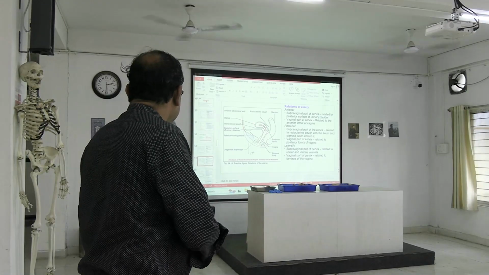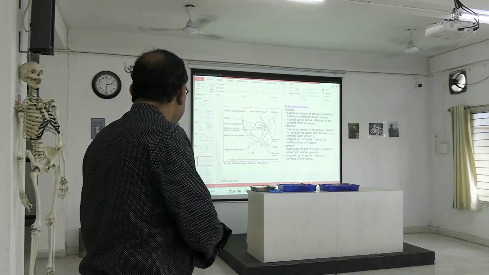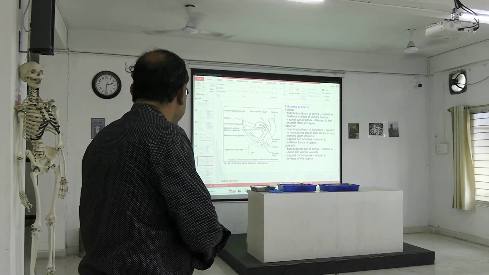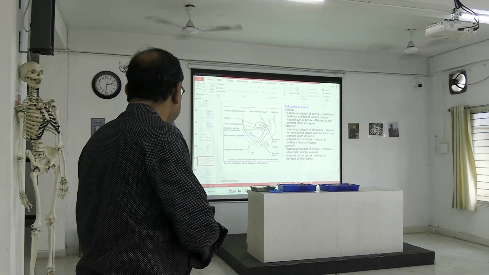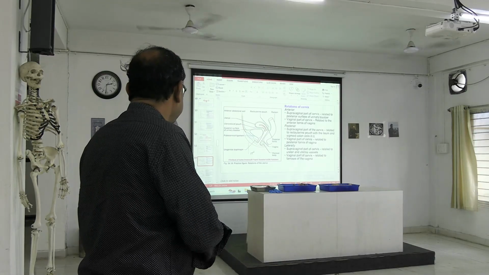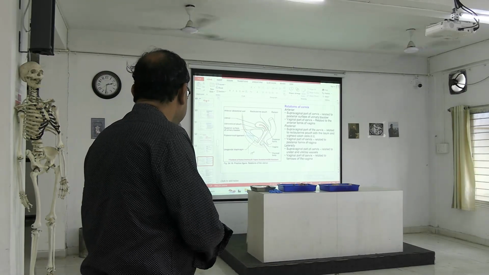And here we see the peritoneal reflection, the green one. We know this is the rectum.